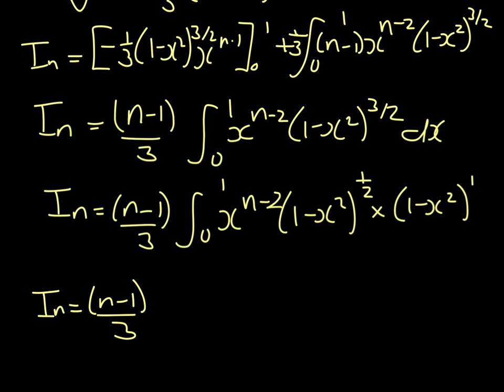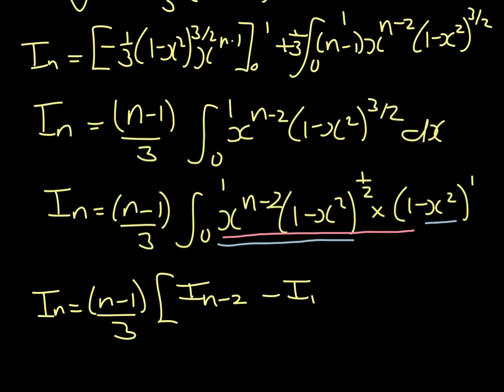So the first bracket I have is this times 1, which I can see is I n minus 2. And then our second bracket is going to be x squared times this, and x squared times x to the power n minus 2. We add the power, so n minus 2 plus 2 is n. So we have a minus In.